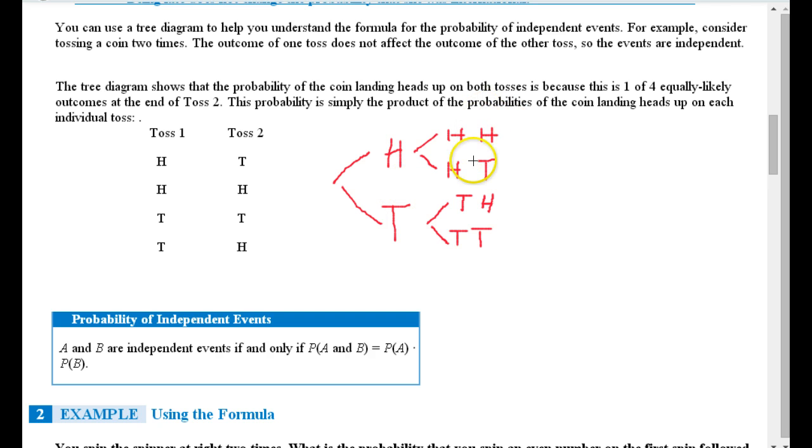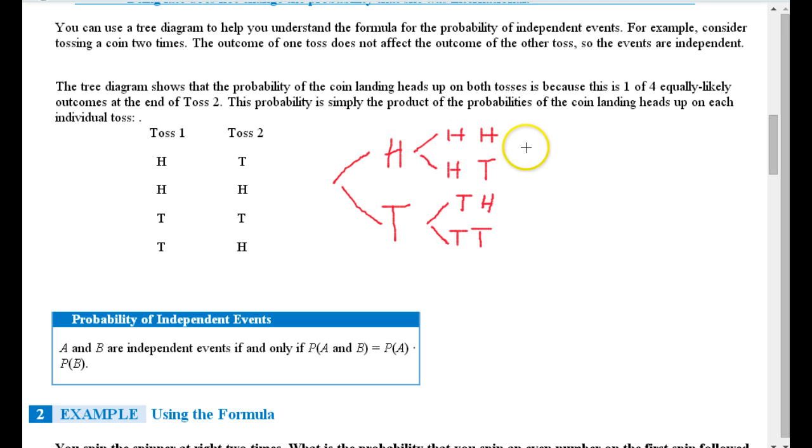And then the second toss, the probability of getting heads is 1 out of 2, because she could have got heads or tails there. So again, 1 out of 2.